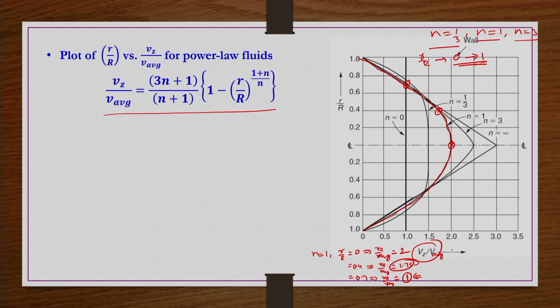So, let us say if you have n equals 1 by 3, then at r by R equals 0, what is your Vz by V average? So, r by R is 0, so then this term is 0.